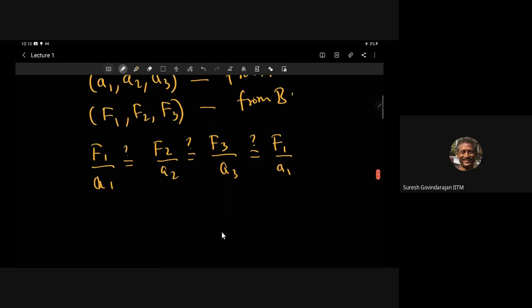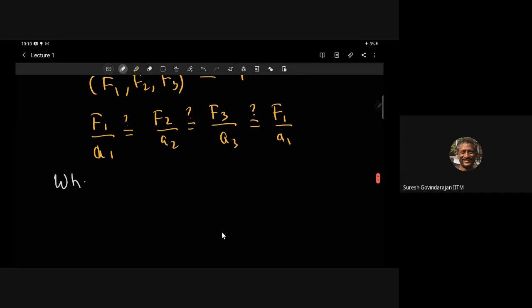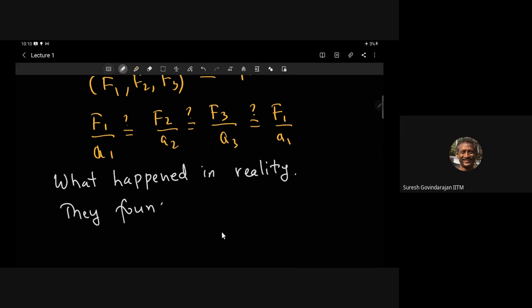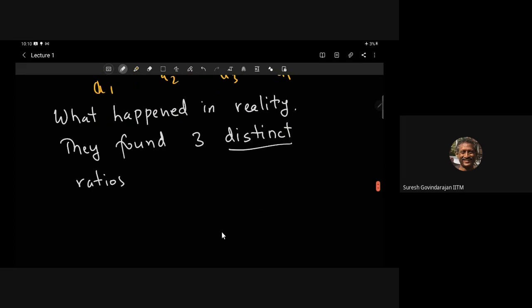Okay, so they go ahead and they've got these numbers. So what happened in reality? They found three different, distinct ratios, which cannot be explained even with error bars.